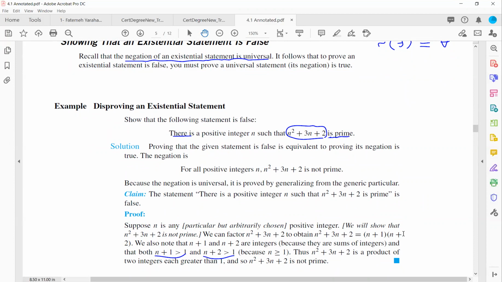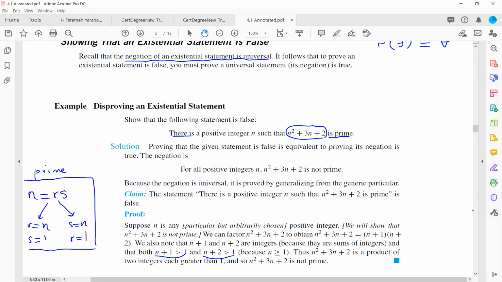So you can stop at this step and say that, hey, the definition of a prime number says if n is the product of R and S, then either R is equal to n, S equals 1, or S is equal to n, R equals 1 for a prime number.